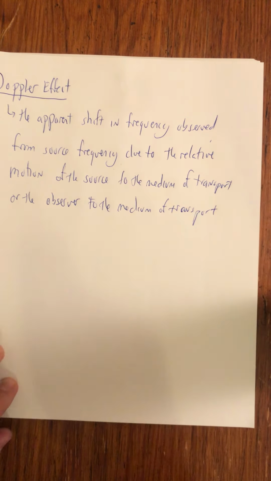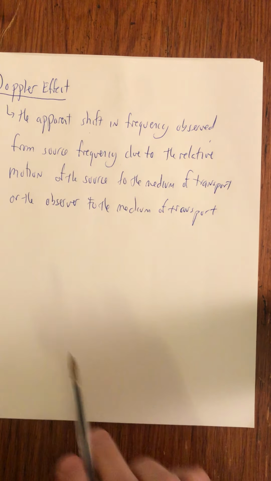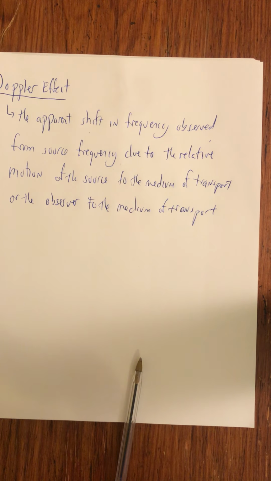Okay, a couple of things about that definition that I want to really highlight. Apparent shift. A lot of people read that and think, but Vaughn, the frequency is shifting for the observer. Right, but what I'm saying is apparent because the observer is assuming that the source is changing the frequency, because we have this thing in our head that the source is the only thing that determines the frequency.